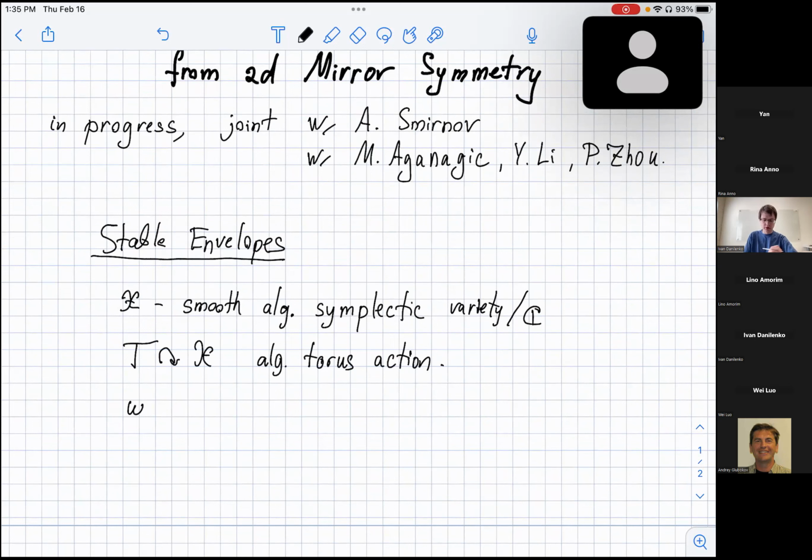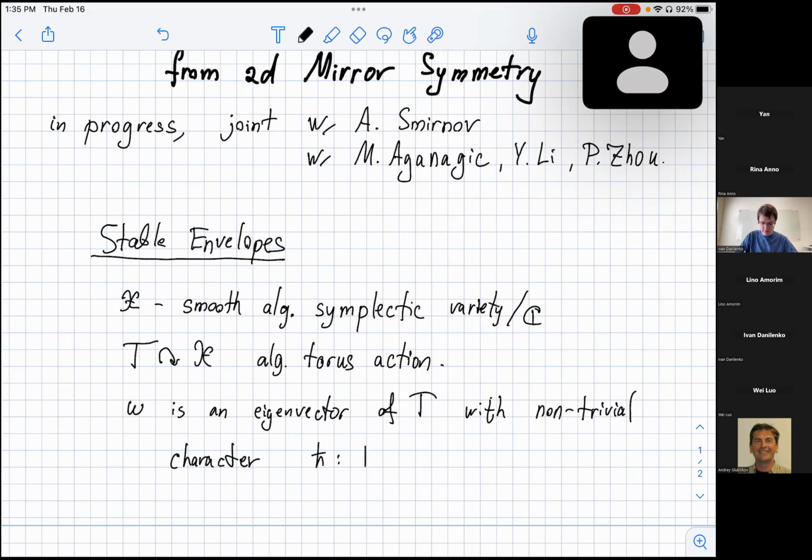So I have the algebraic symplectic form on X, and we say that it is an eigenvector of T. It scales with a certain non-trivial character, which I'll call H bar.